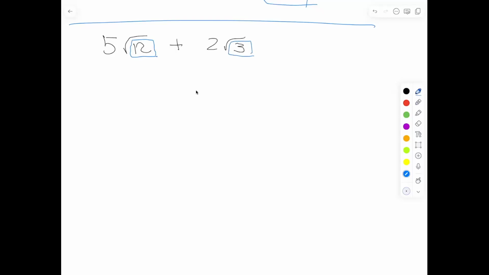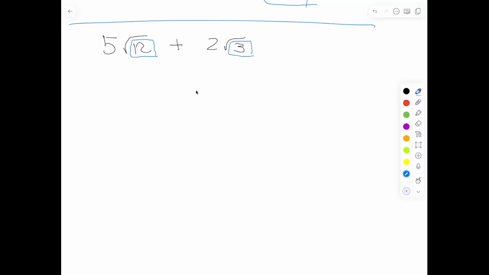Look at the radicands. The radicand here is a 12, and the radicand on the right is a 3. Are they the same? No, they are not. Because they're not the same, I need to say to myself, what can I do to make him look similar?